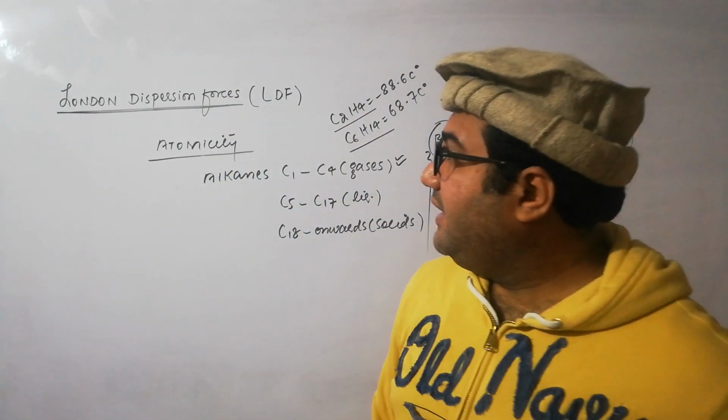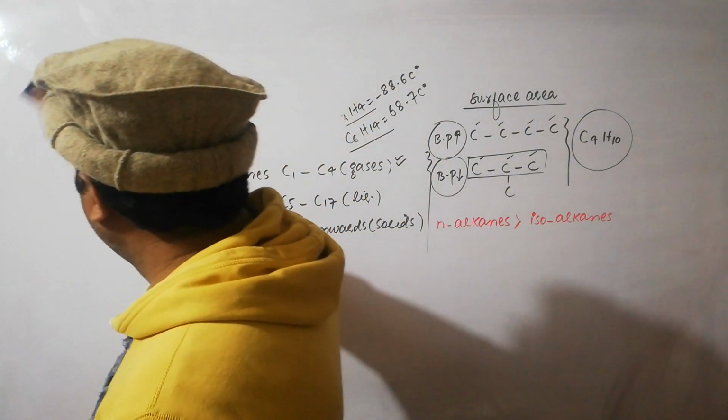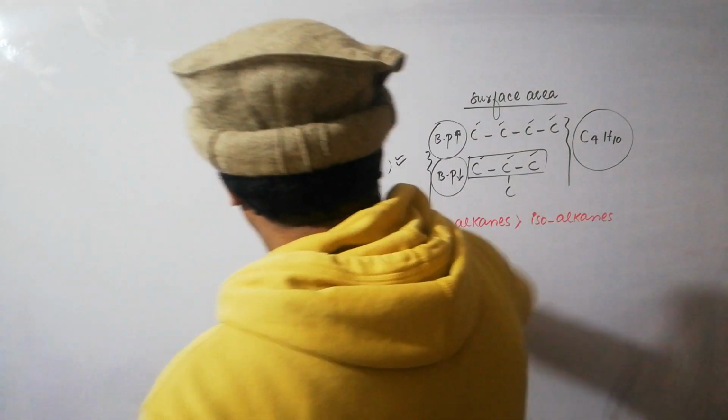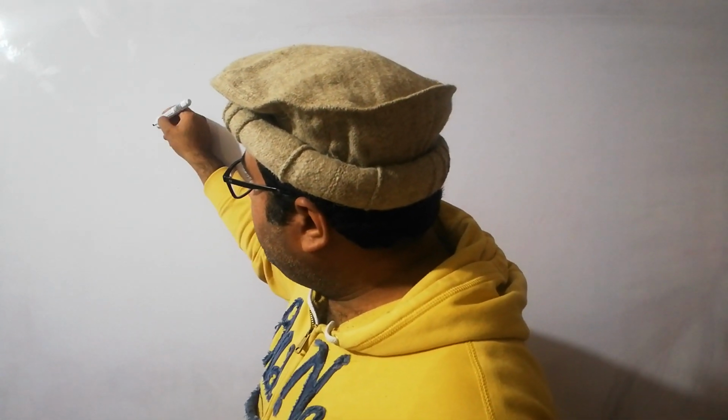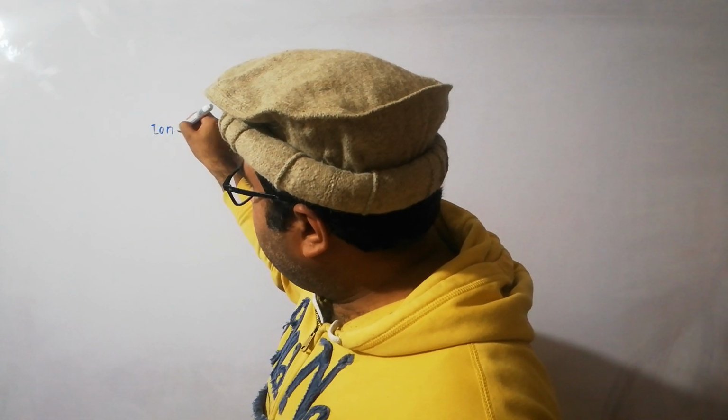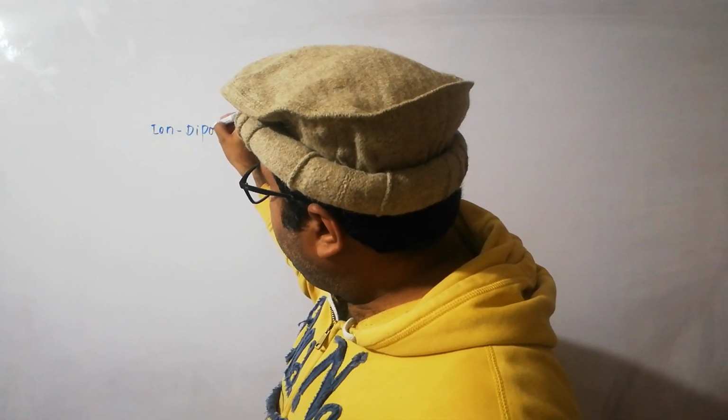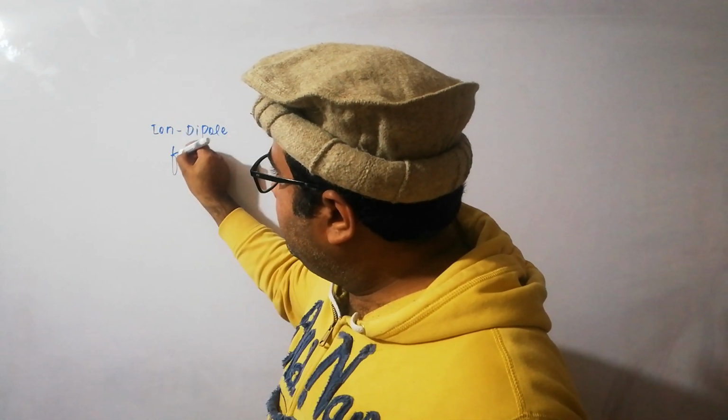At the end, I would like to tell you the relative strength of all intermolecular forces. When we look into the data, with the energy required to break a particular force, it tells us that the strongest intermolecular forces are ion-dipole forces.